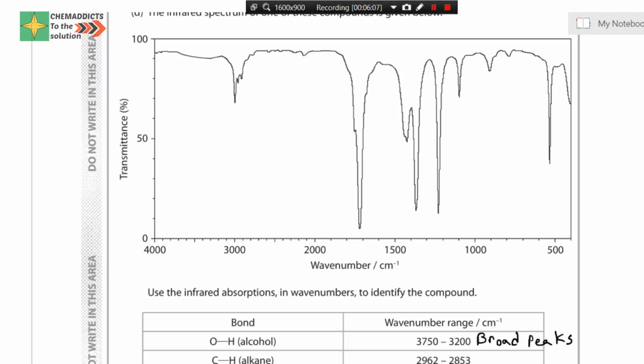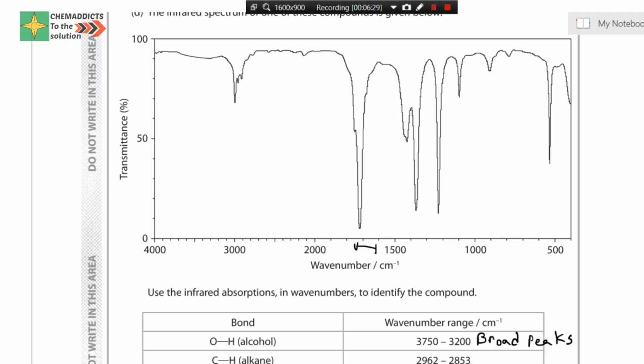Since these are all sharp peaks, here we have sharp peaks at around 1740 to 1680. So in this range we have found a very sharp peak.